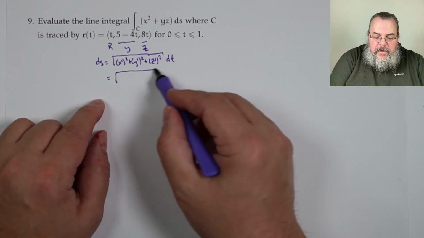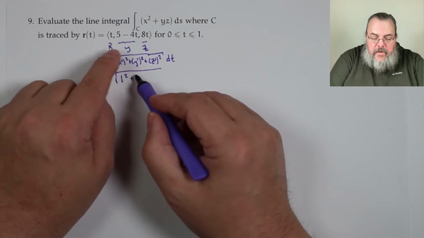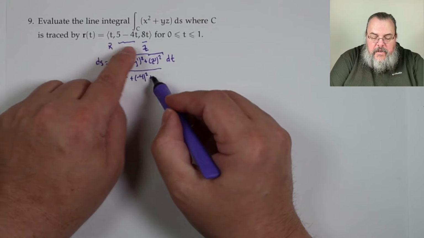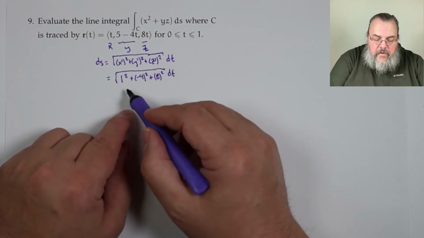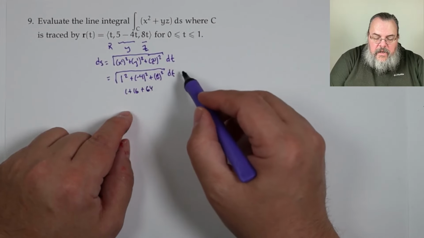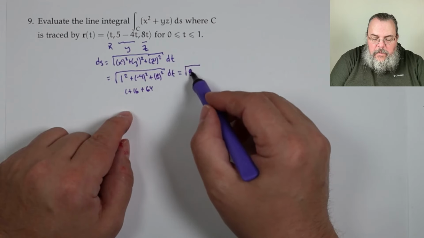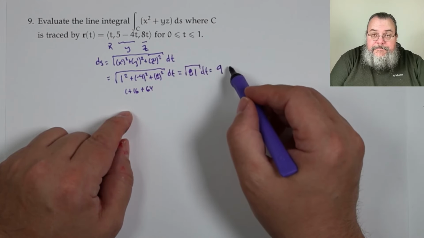So for us, that becomes the square root of 1 squared plus negative 4 squared plus 8 squared. That's 1 plus 16 plus 64. Oh, that's actually a nice number. That's 81, and the square root of 81 is 9.